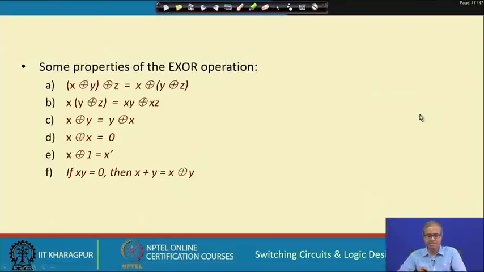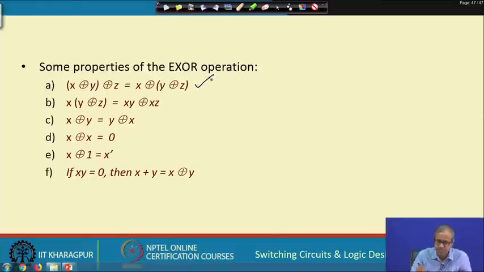Now, let us look at some of the properties of XOR, some of which you already know, some of which may not be very apparent, but we will see this. Some of the rules you already know. The first one, that exclusive OR is associative.